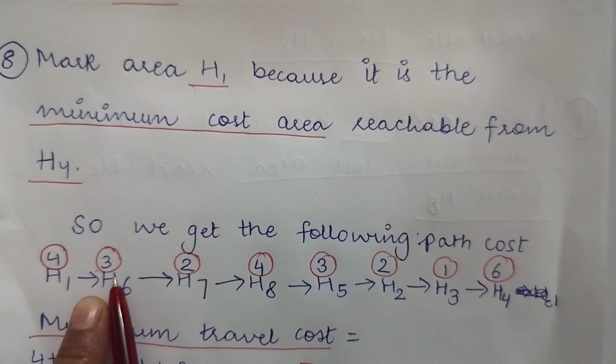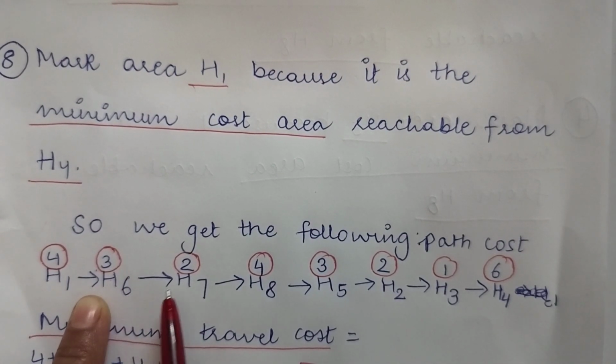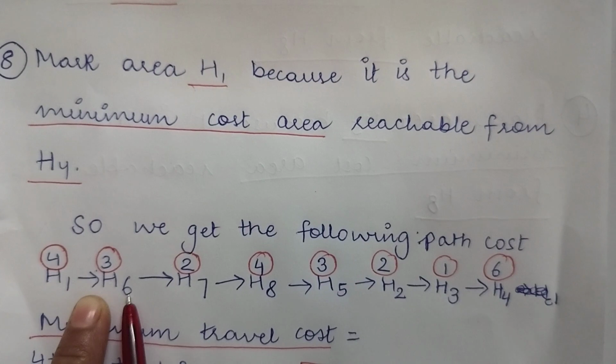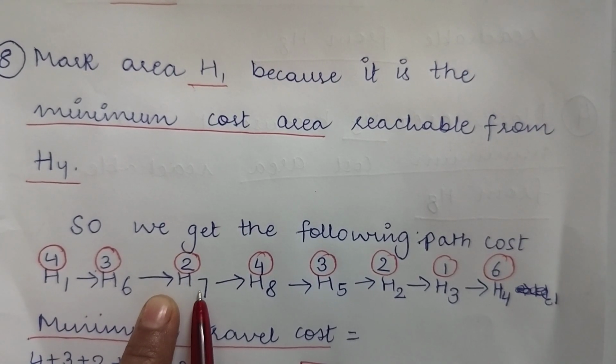Now since the minimum cost area from H1 was H6, we have to find the minimum cost area from H6. The minimum cost area from H6 is H7 and the cost of reaching from H6 to H7 is 3. Since H7 is the minimum cost area from H6, we have to find the minimum cost area from H7.